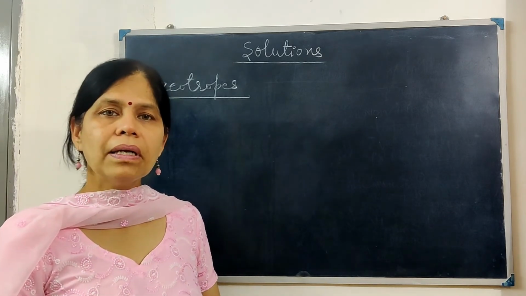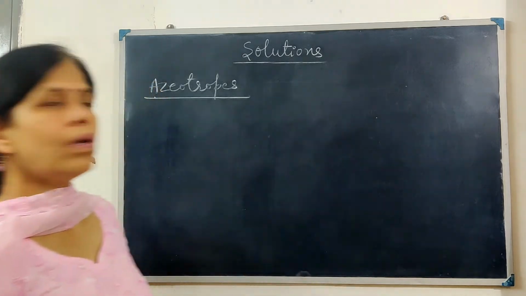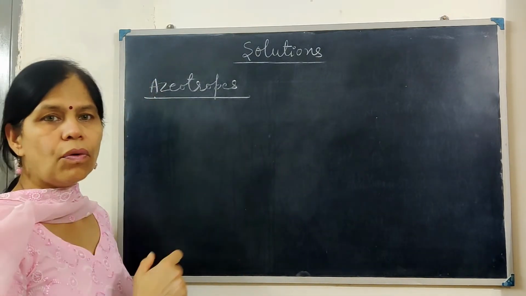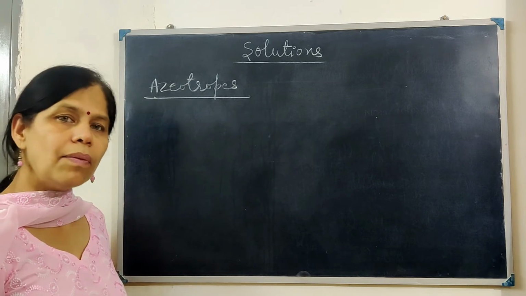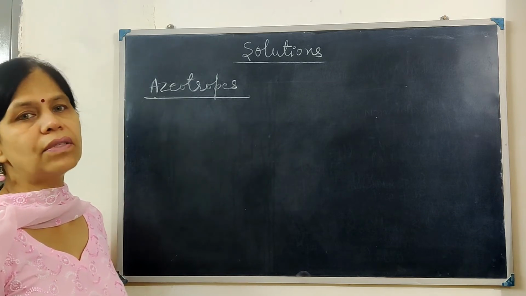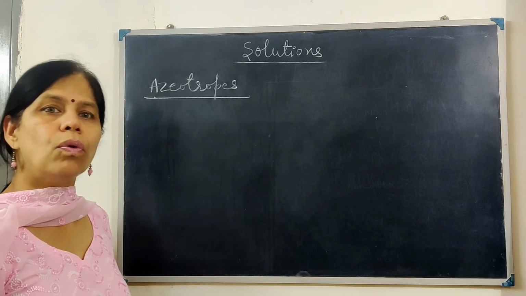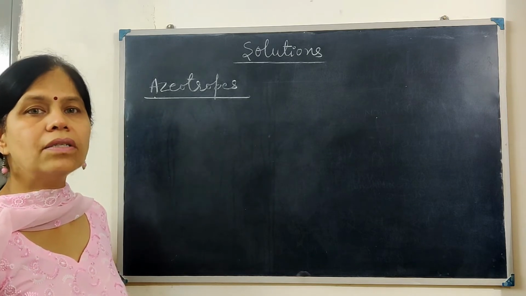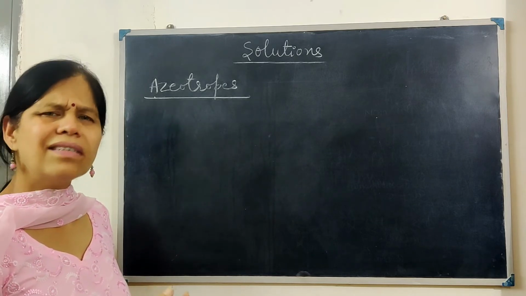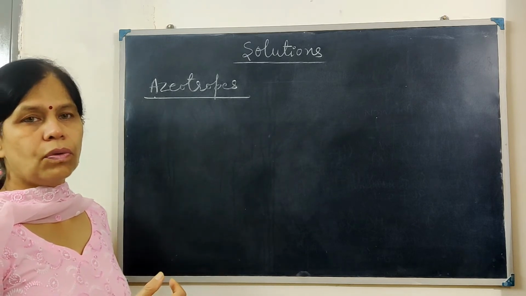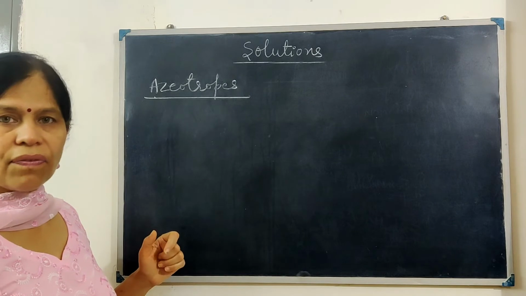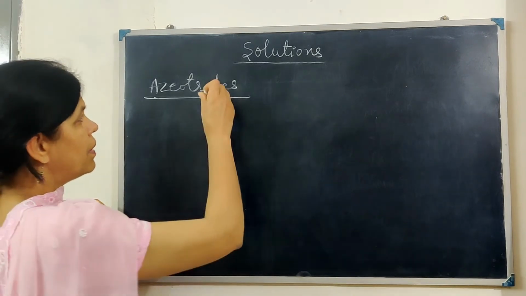How is it possible? So let me talk about azeotropes. So you may write down, it is defined as the binary solution which have same composition in liquid as well as vapor phase. They are also called as constant boiling mixtures at a particular composition, at definite composition. So I'll explain it further with the help of two examples.